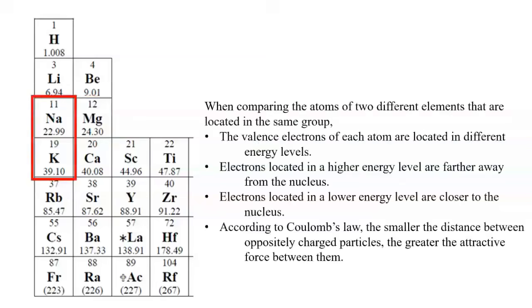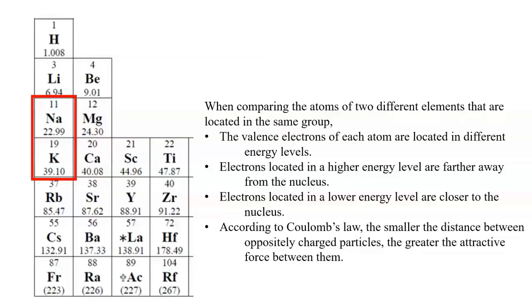On the other hand, when comparing the atoms of 2 different elements that are located in the same group, the same vertical column, the valence electrons of each atom are located in different energy levels. So sodium's outer shell is level 3. Potassium's outer shell is level 4.